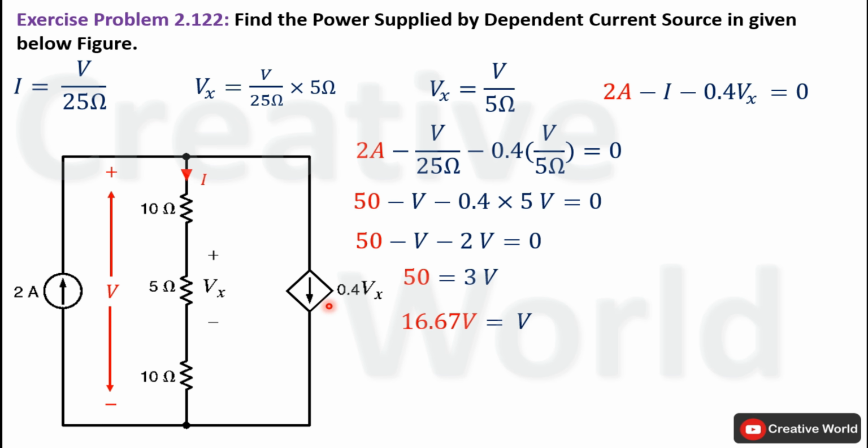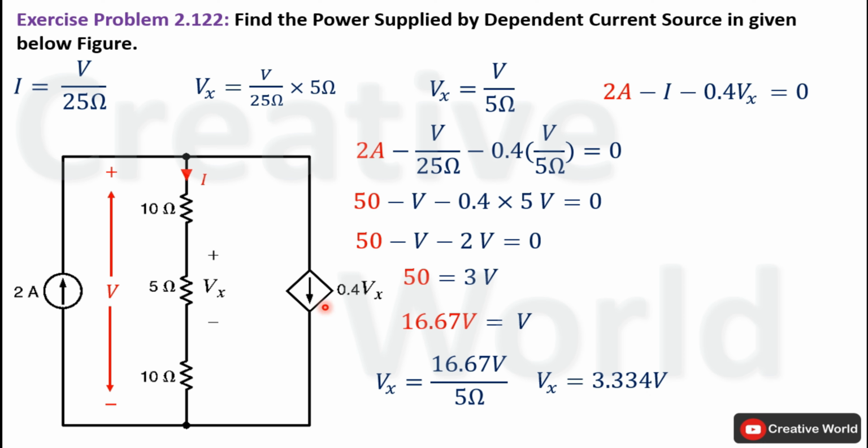Now we have to find its current value, that is depending upon the value of voltage Vx. And voltage Vx can be easily calculated because now we have the value of voltage V. So place value of voltage V inside this equation. Vx will be equal to 16.67 volt divided by 5 ohm. So the value of voltage will be 3.334 volt.